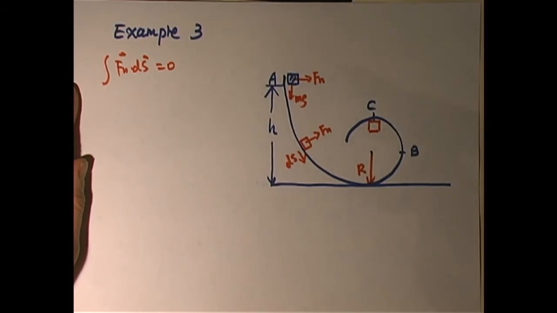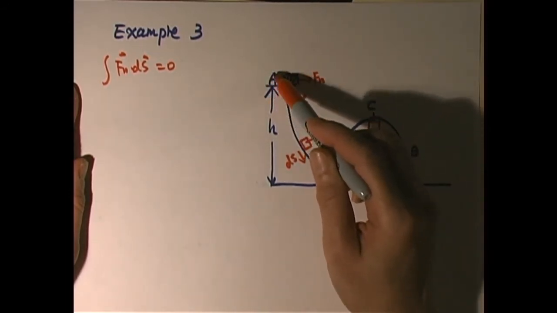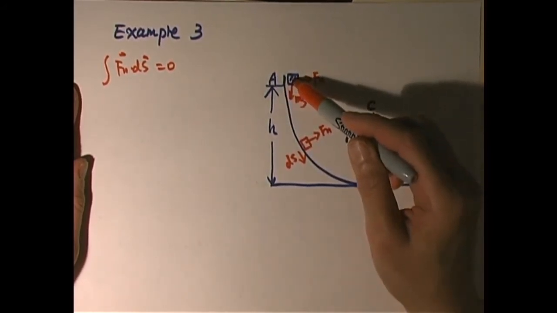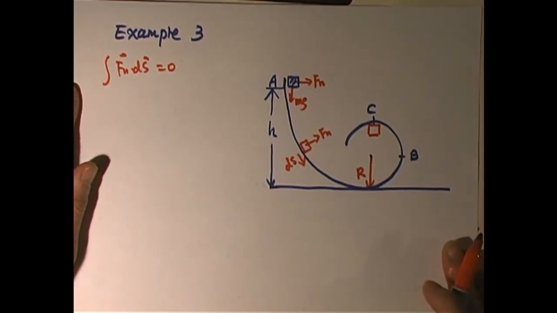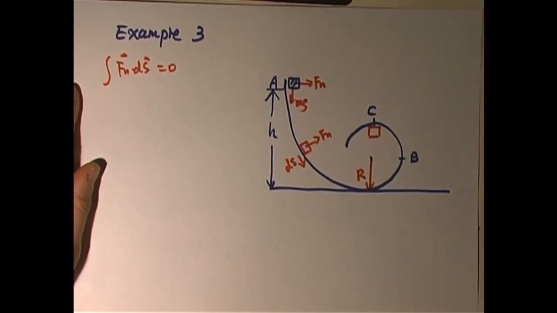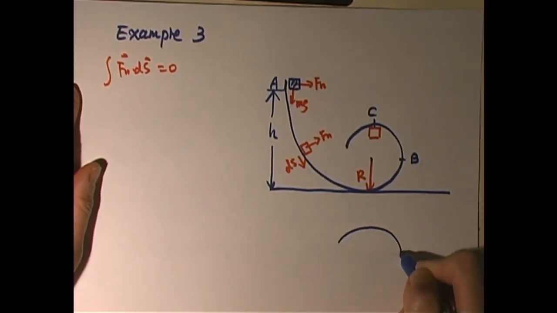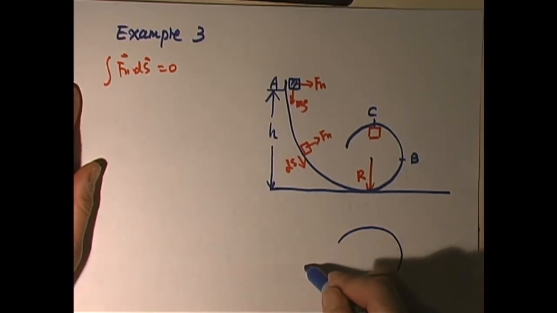If it's more than, how much more? We want to know how high the initial point A has to be for the block to be able to reach C. Reach means at that point it virtually loses contact, because it's barely reached there.